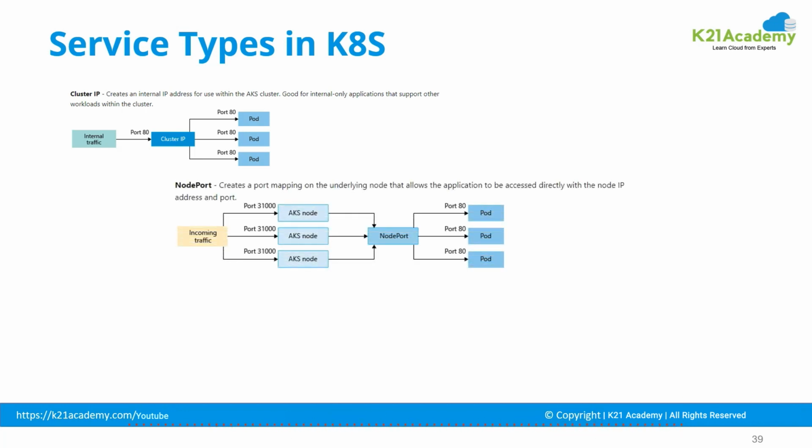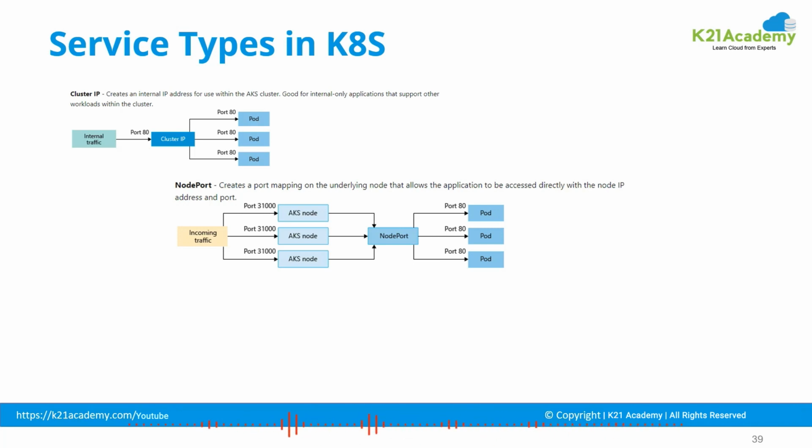If you have a request coming from outside the cluster, in that case, you will define a node port type, which means that on top of the cluster IP, it will be a node port. So you will have a node IP and a port number, and the combination of these two will be defined in a service.